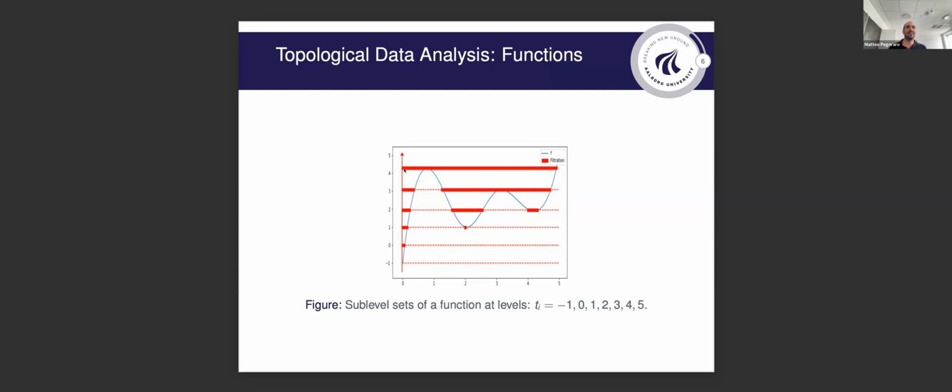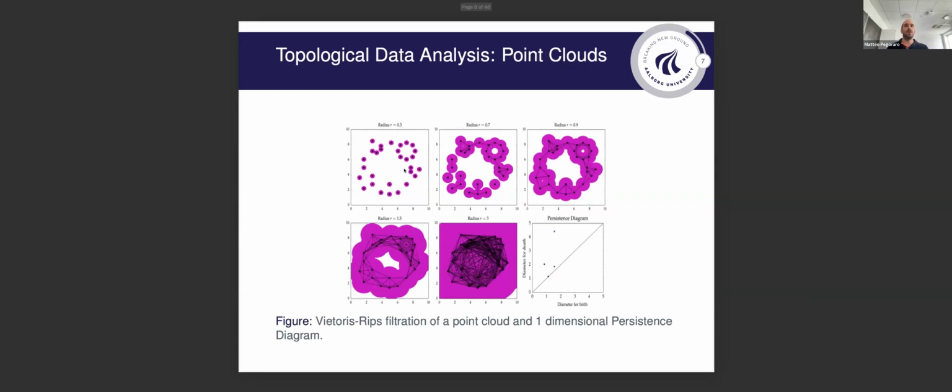We can appreciate that the topology, the connectivity of this filtration really encodes the oscillating pattern of the function, and also that if we imagine stretching or shrinking the domain of the function in some reasonable way, then this connectivity information doesn't change.